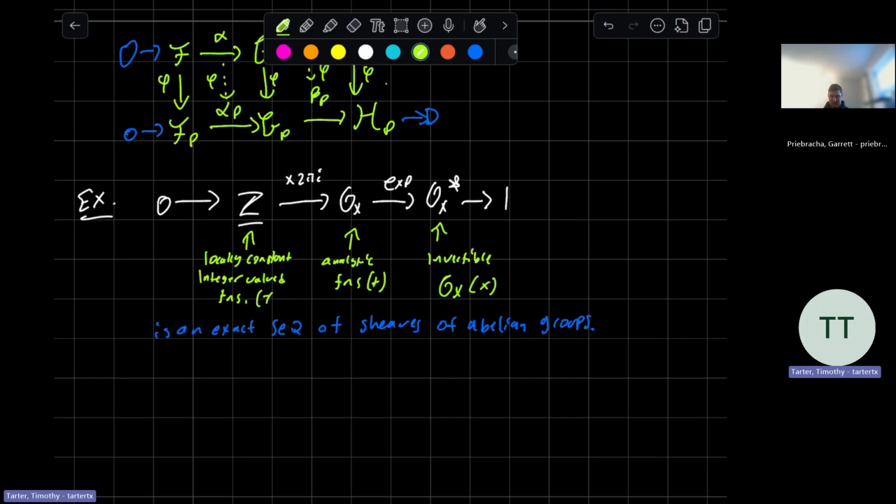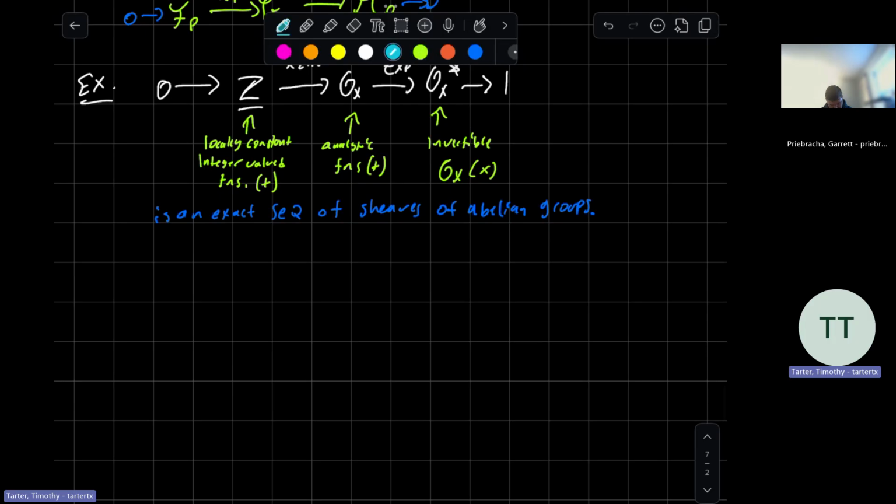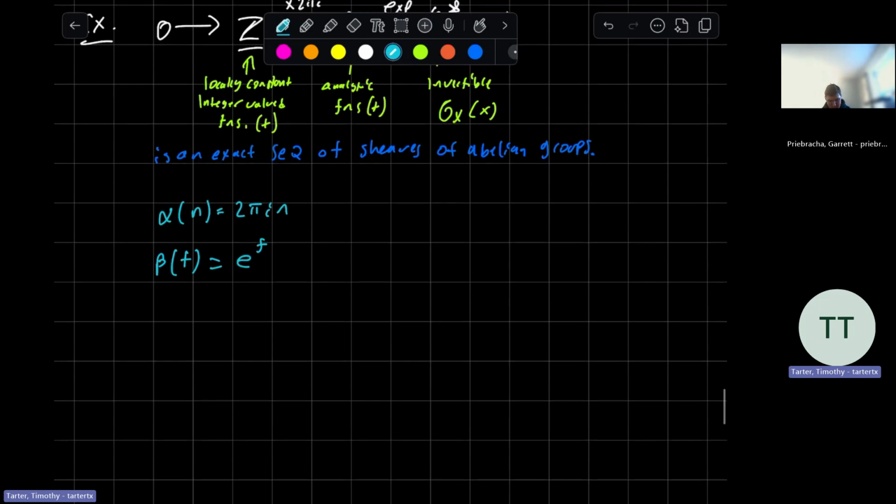This is an additive group, and then O_X is an additive group, and then O_X star is a multiplicative group. So if we call this alpha and this beta, then alpha of n is equal to 2 pi i n, and beta of f is equal to e to the f.